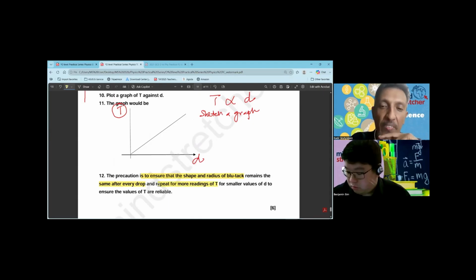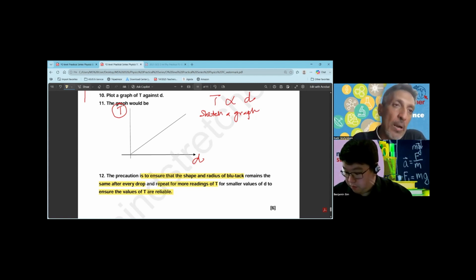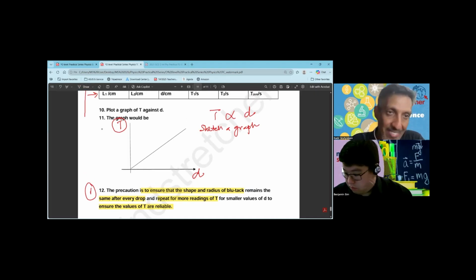And repeat for more readings of T for smaller values of D to ensure values of T are reliable. I'm just giving you two precautions. As long as you write a sensible precaution, that's going to be another 1 mark.